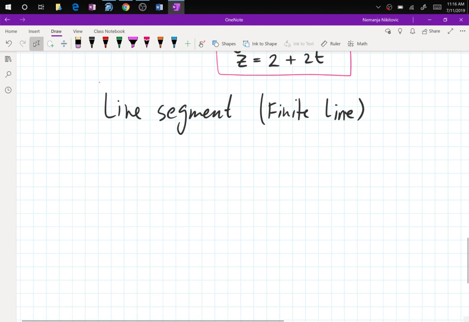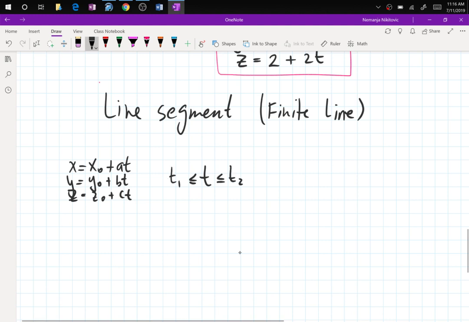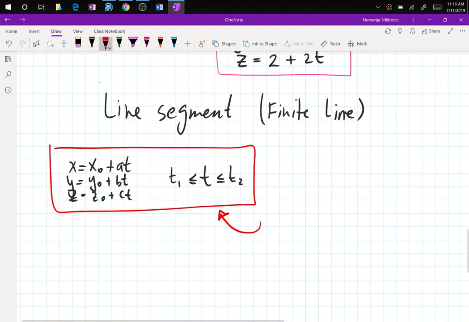That's why it's a line segment. So the line segment is going to have the same equations: x is x0 plus at, y is y0 plus bt, and z is z0 plus ct, except that t is going to be between values, let's call them t1 and t2. So all together like this, and this over here is the part which limits the line.